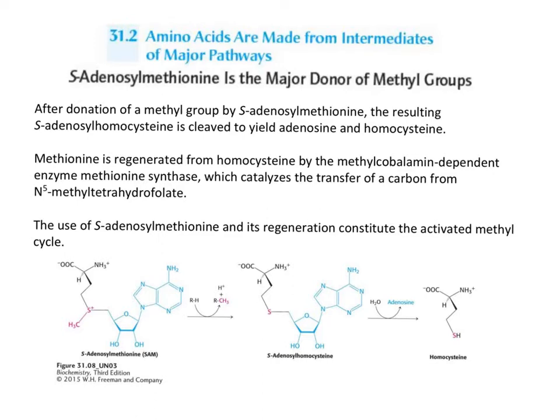So homocysteine is a little bit different than cysteine, as you have one more carbon. So I'm going to draw out cysteine here. As you can see, we're still one carbon longer than we want to be with homocysteine here.